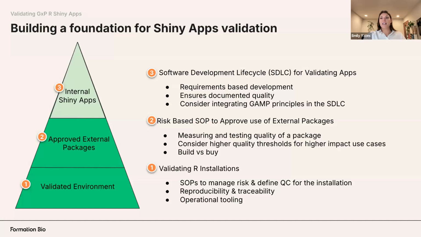This means that you're validating the installation and any configuration of Posit Team with the goal of ensuring quality and reproducibility of the environment. For this piece, you're going to need to find a partner in IT at your organization to help with this, and they'll also be able to help with establishing some of the operational tooling, like defining directory structures, access control, version control, and so on.